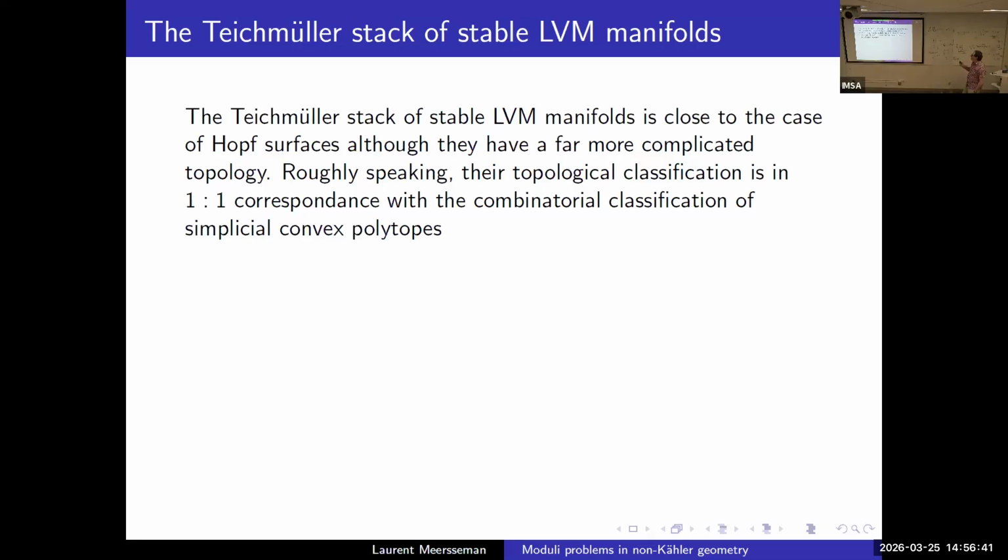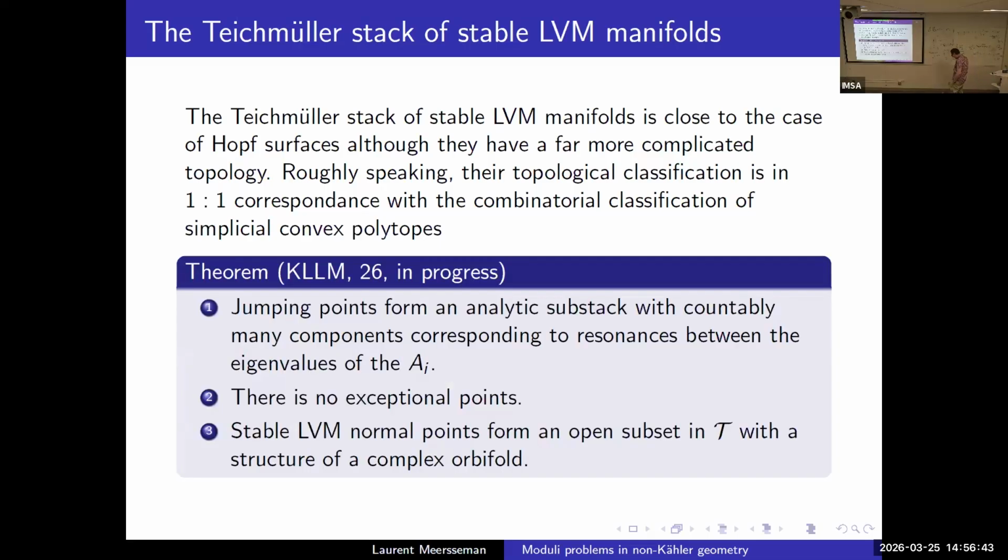But from the point of view of deformation, it's like the case of Hopf surfaces. There are many jumping points in general, corresponding to resonances between the eigenvalues. But in general, it's a mess.